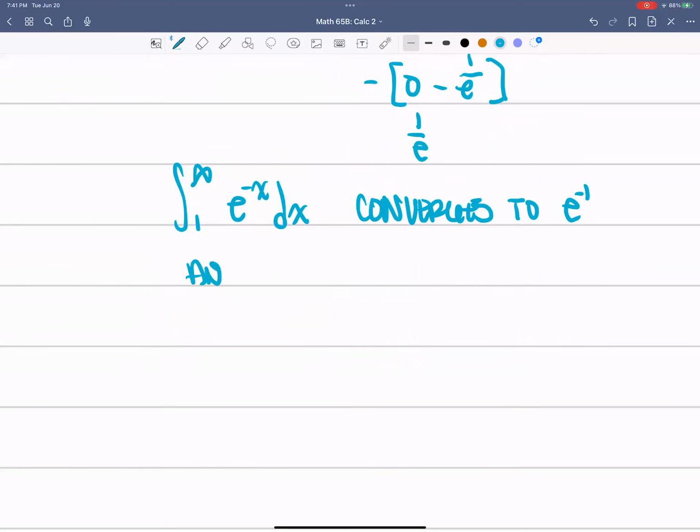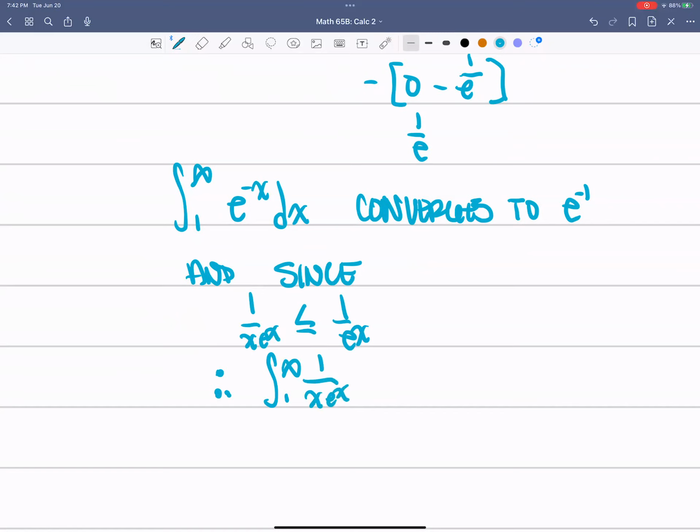And since the function 1 over x e to the x is always less than or equal to 1 over e to the x on its interval, this tells us that the integral from 1 to infinity of 1 over x e to the x dx also converges.